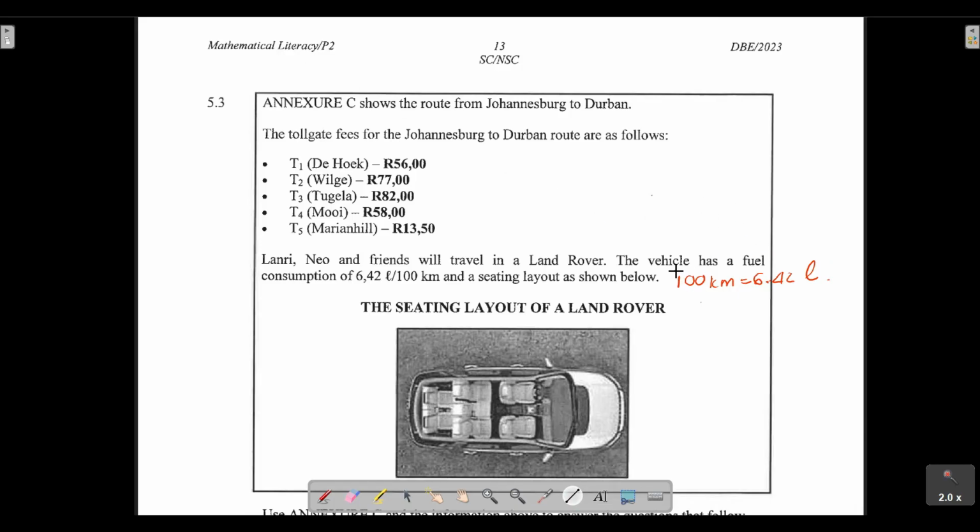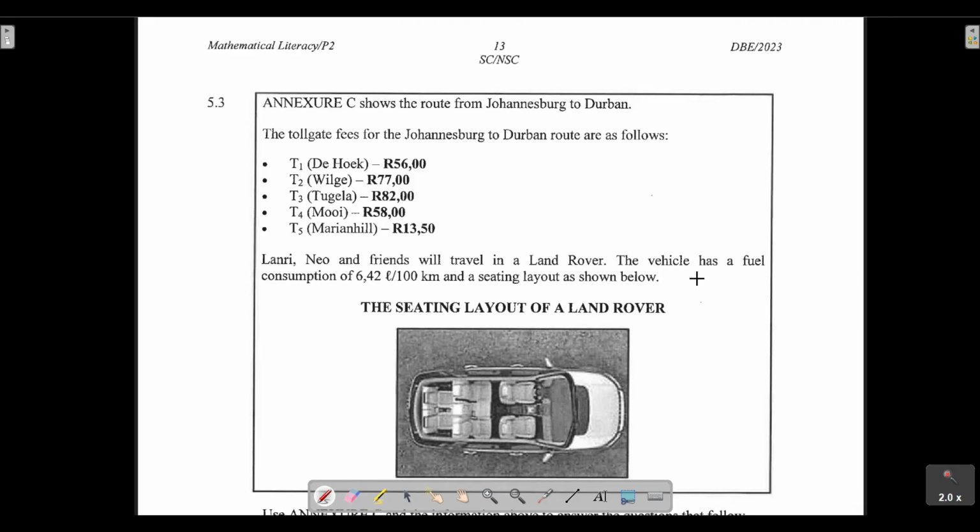I'm choosing to write it this way because I'm already thinking that for whatever question where they ask me to determine how many liters of petrol I will use for traveling a particular distance, I will know that I need to multiply by what I want and divide by what I have.